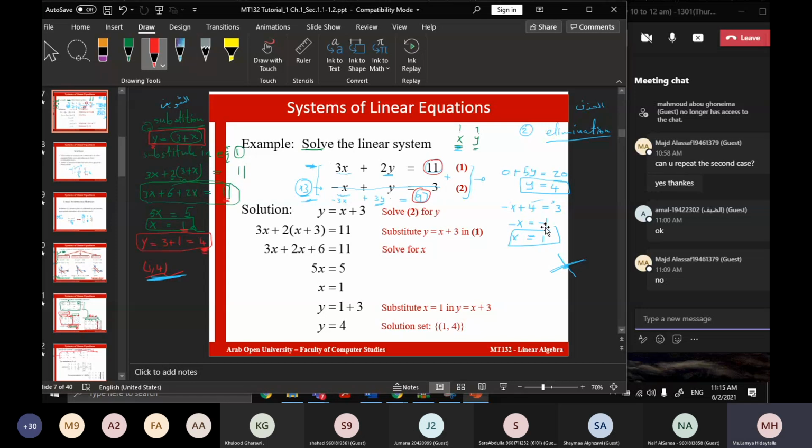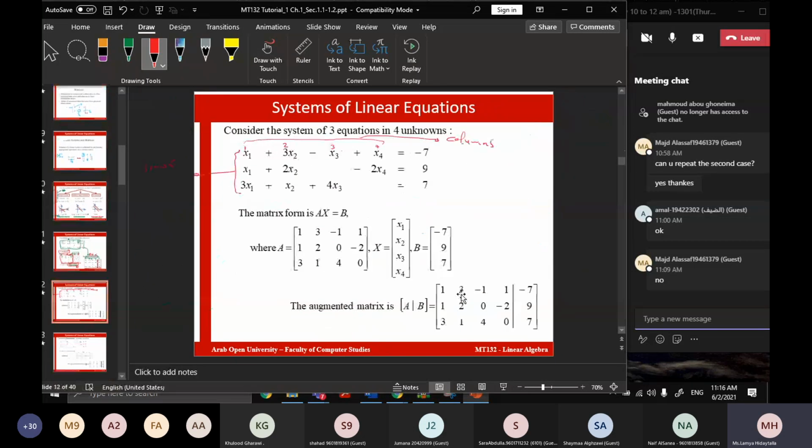Okay, but the solution for this system is easy now. I can get the solution, or easier. Okay, and then after that I got the solution, and the solution I got from this system was actually the solution for that one. Yes, so here we will do the same.